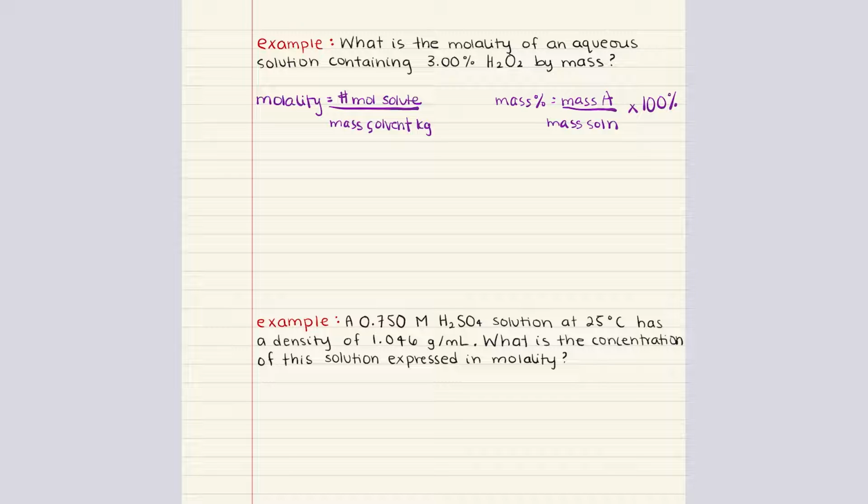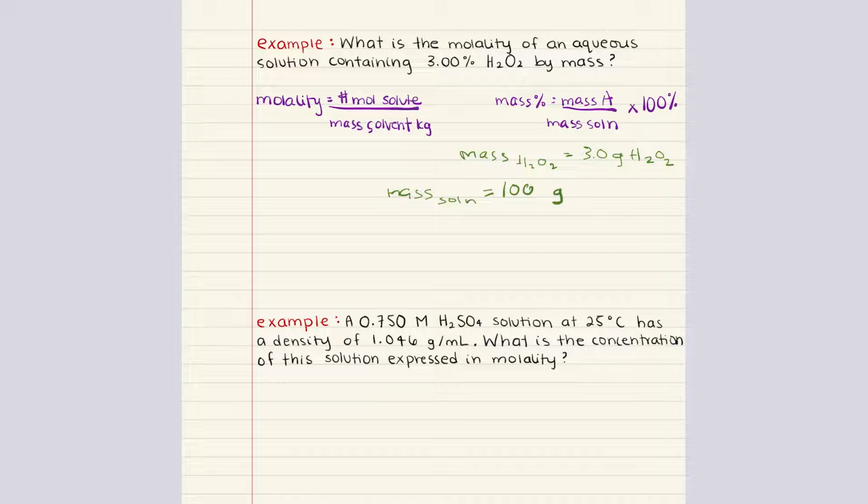Now, knowing that the mass percent of hydrogen peroxide in this solution is 3%, the easiest approach is to assume that we have 100 grams of solution. That way we can say that the mass of hydrogen peroxide is equal to 3 grams of hydrogen peroxide, and that the mass of the solution is equal to 100 grams.